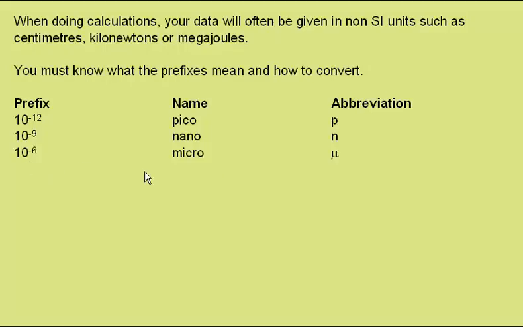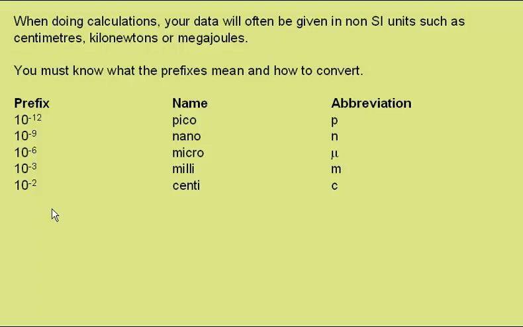10 to the -6 is micro, and that is the abbreviation of the Greek letter mu. 10 to the -3 you'll be familiar with as milli, abbreviation lowercase m. 10 to the -2, not following the trend of going up in thousands, is centi, as in centimeters, abbreviation lowercase c.